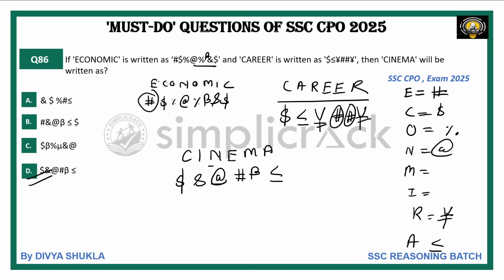There is one more category of questions where you are given two words, and in the two words the examiner is having different symbols, but you can see two or three symbols which are common, or instead of symbols some numbers are given to you, but only two to three letters are common.